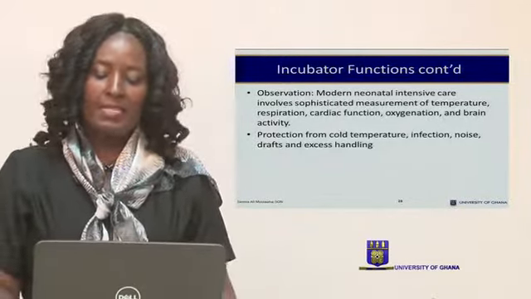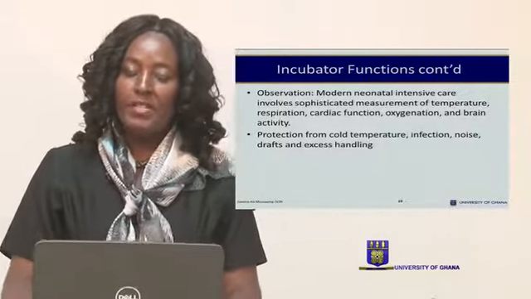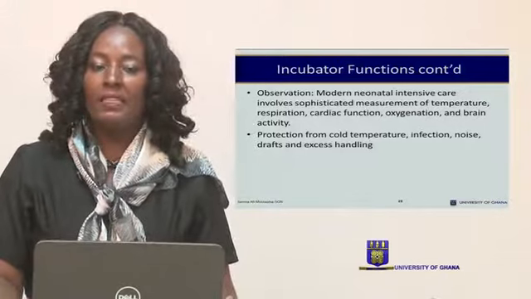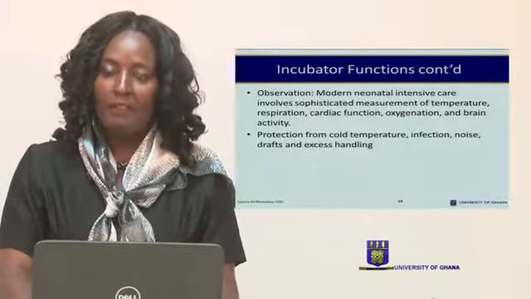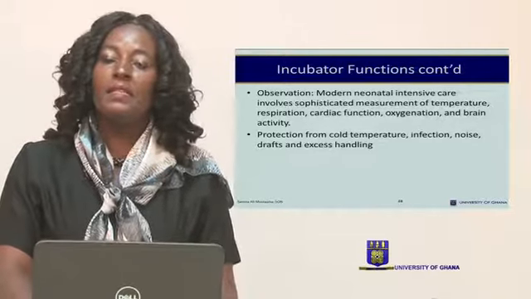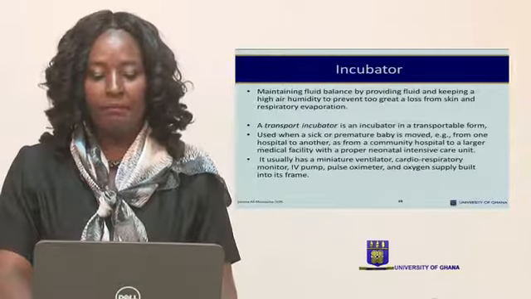It also protects the preterm or the ill newborn from infection and noise and excessive handling, because it is contained in the incubator, which is covered on all sides, except in the windows or ports that are open periodically to offer care.